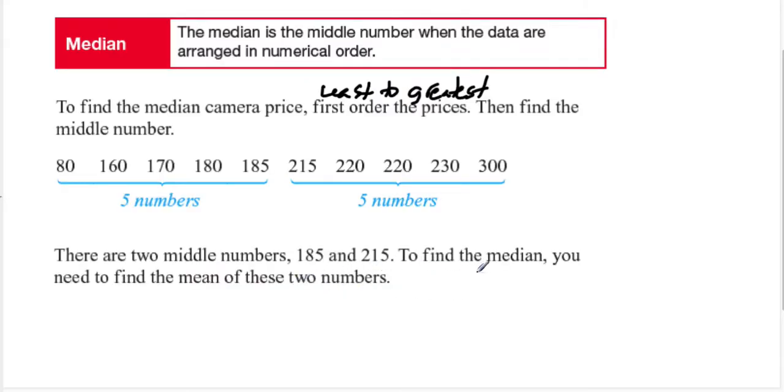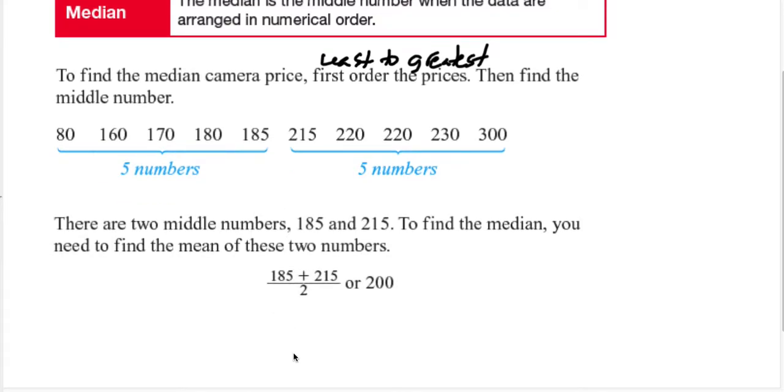After adding them, you divide by 2. Simply put, to find the median, you find the mean of those 2 numbers. So 185 plus 215 divided by 2 gives you 200. The median price in the set of data is $200.